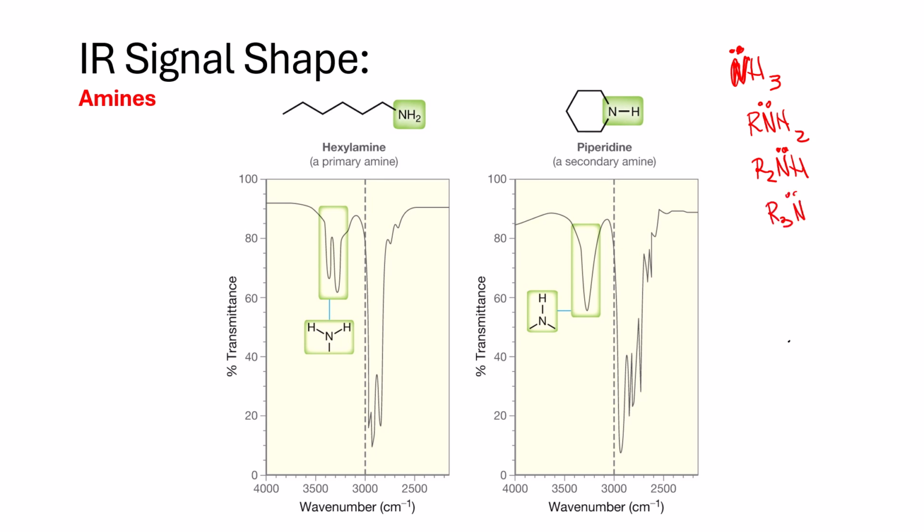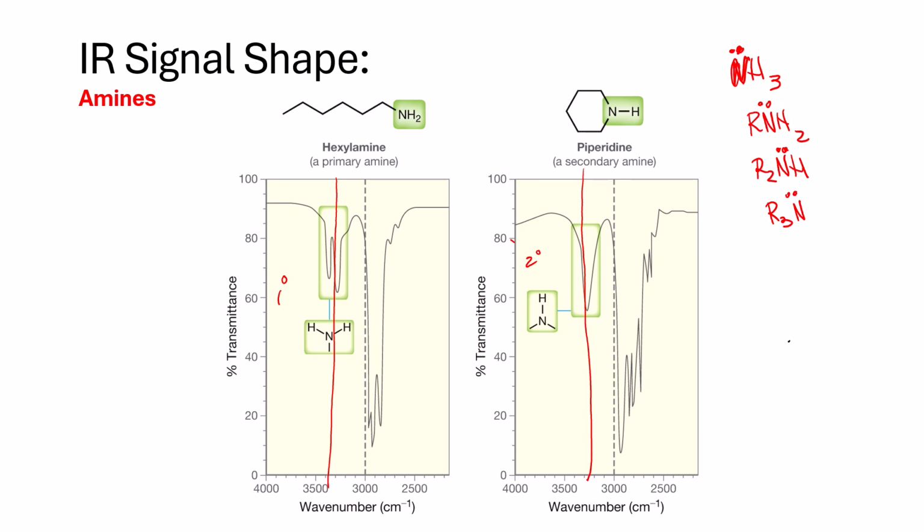What is important is that in the region around 3200 to 3400, I'm going to center the signal about that. These are the signals for primary amine here and secondary amine here.